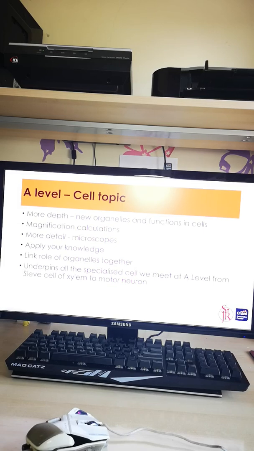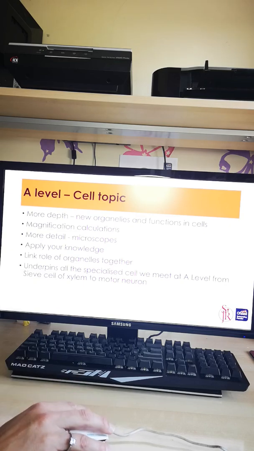And finally, this is an incredibly important topic because it underpins all the specialised cells we'll meet at A level, from the sieve cell in the xylem to the motor neuron again.